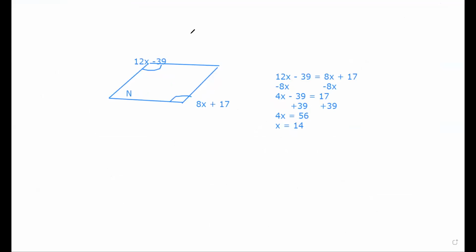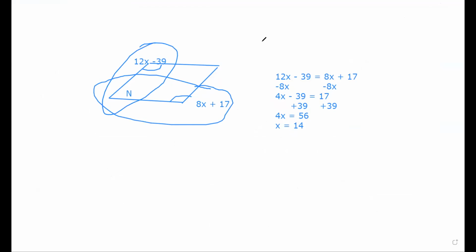So consecutive angles, those two are going to be supplementary. Supplementary means equal 180. These two are also going to be supplementary. I already know that 12x minus 39 and 8x plus 17 give me the same angle measurement.